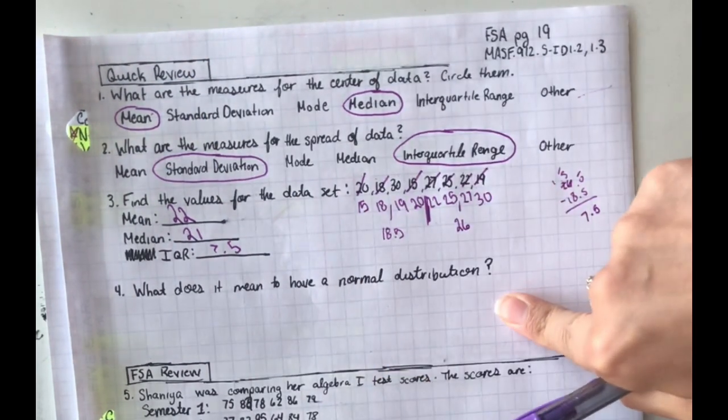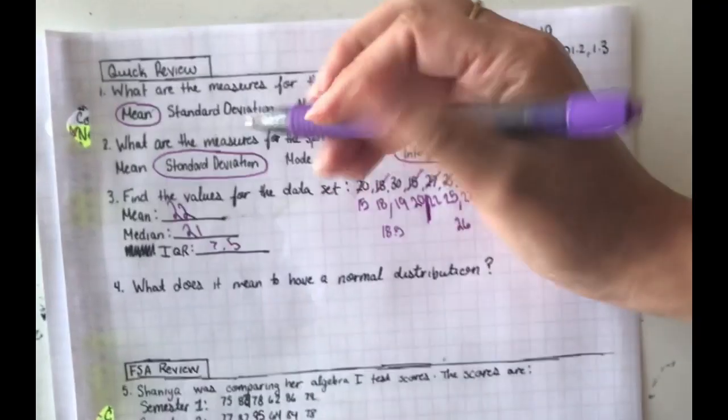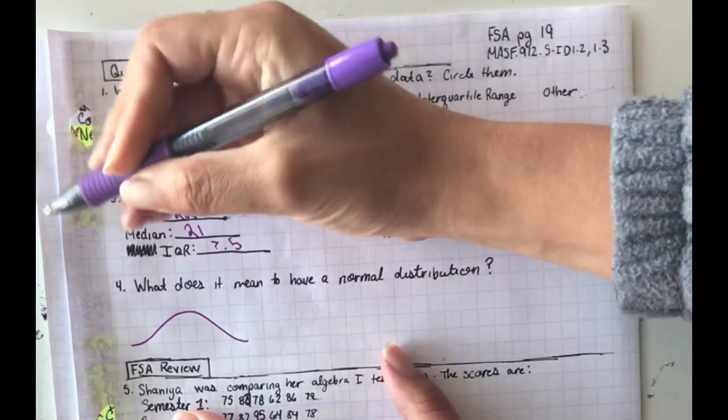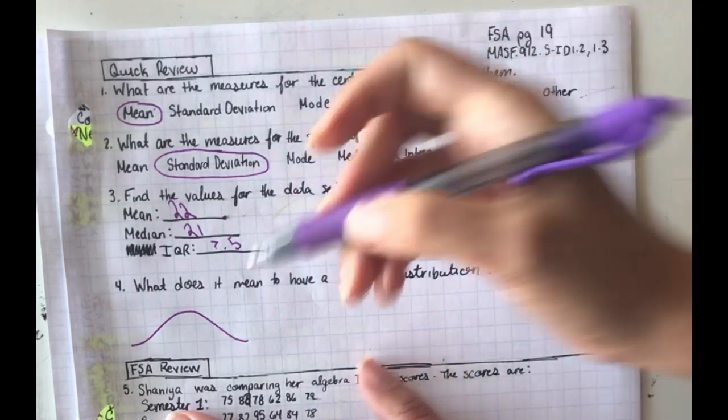Number 4 asks, what does it mean to have a normal distribution? Normal distribution means that your standard deviation curve, which is a bell curve, it looks like this, it follows the 68, 95, 98 rule.